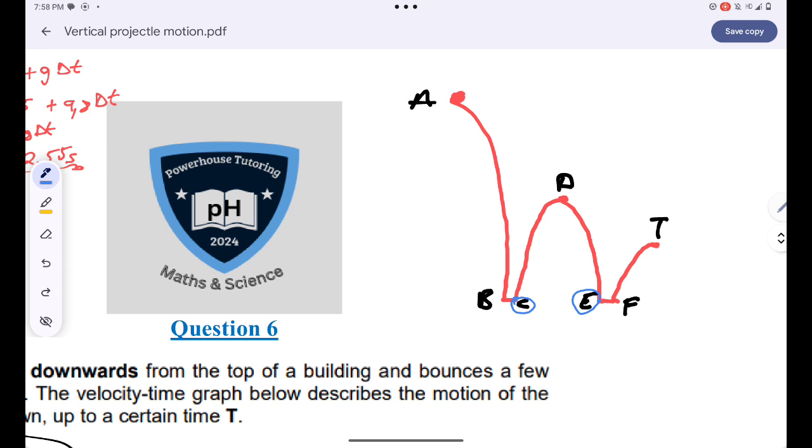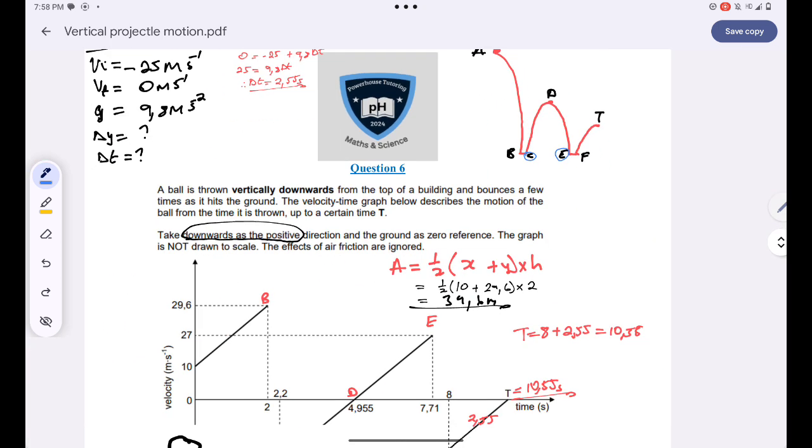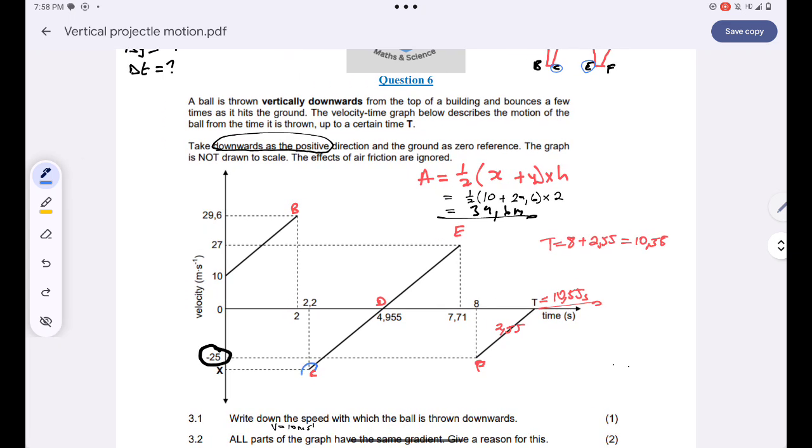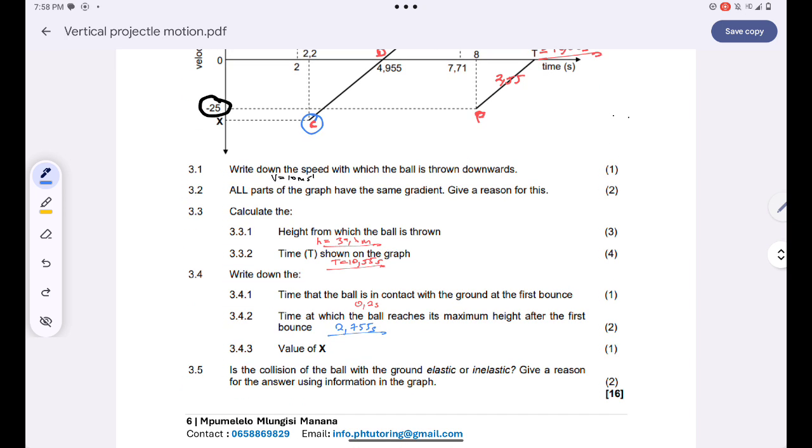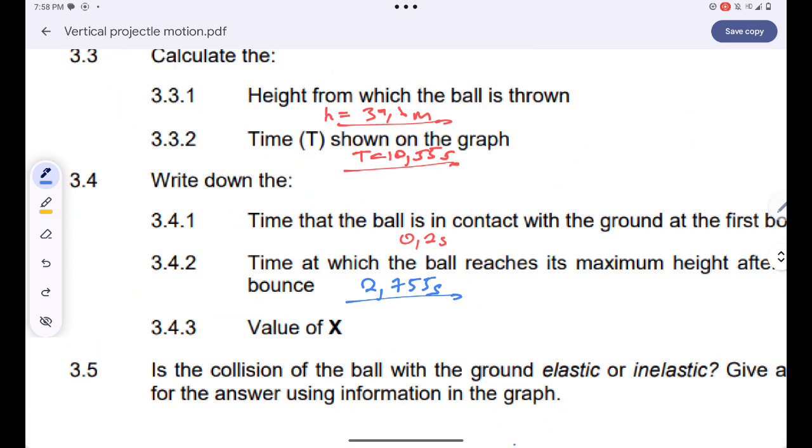Are you together? The only difference will be just the direction. So the value of C and E has to be the same. The only difference should be signs. Are you together? So the value of x is just negative 27 meters per second.